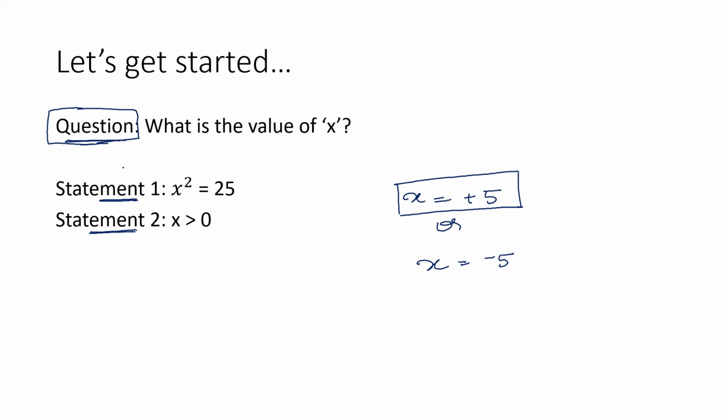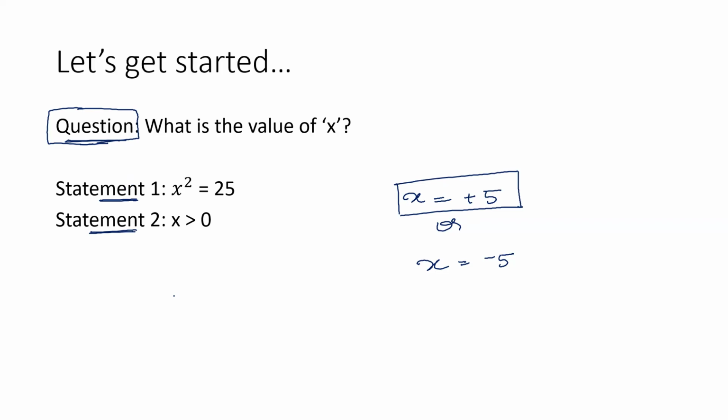So now I will say that for answering this question, statement 1 alone is not sufficient, statement 2 alone is not sufficient, but combining the data from statement 1 as well as statement 2, when I put them together, I can answer the question.